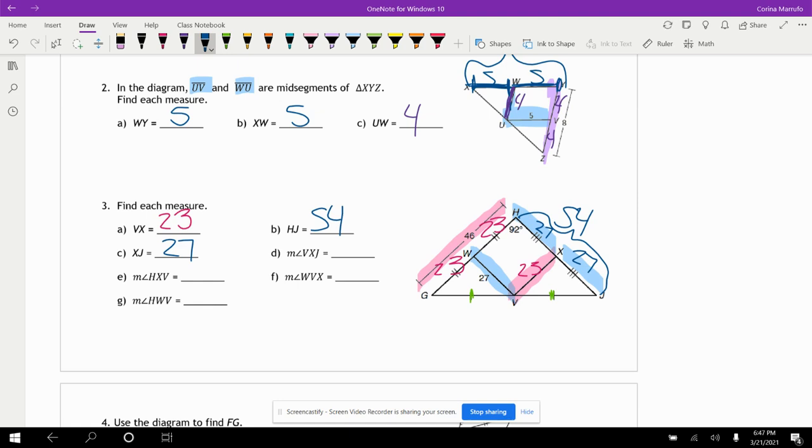Okay. Now they're going to want us to find a few angles. So I'm going to go ahead and erase this, so we can focus on the angles. They tell us that this angle here is 92, which is one of the angles of the triangle. And if that is 92, we do know that this line is parallel to this line here.